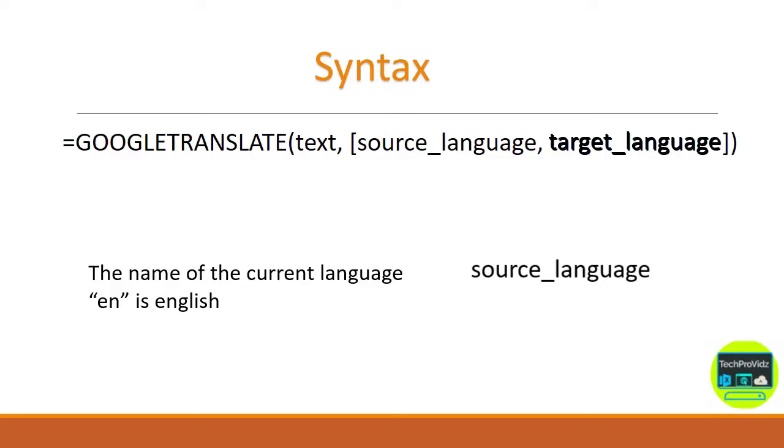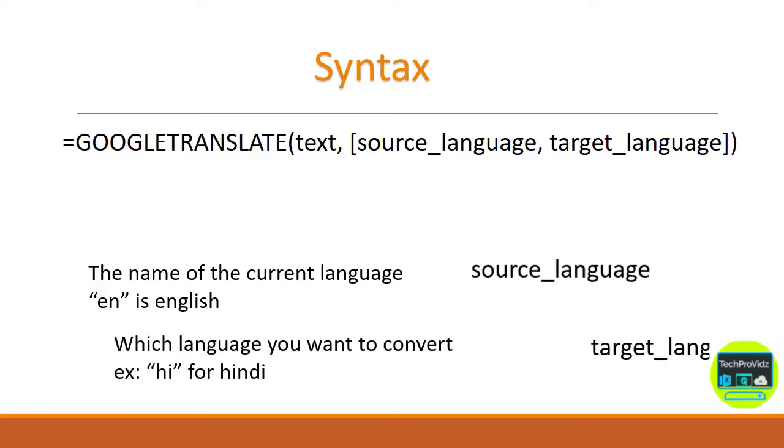Here we are converting from English, so we specify "en". The last parameter is the target language, which is the language you are converting to. In this case, I have typed HI, which stands for Hindi.